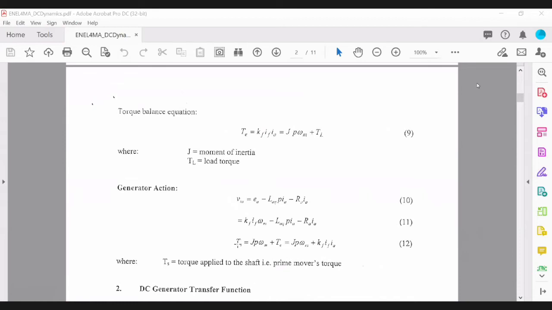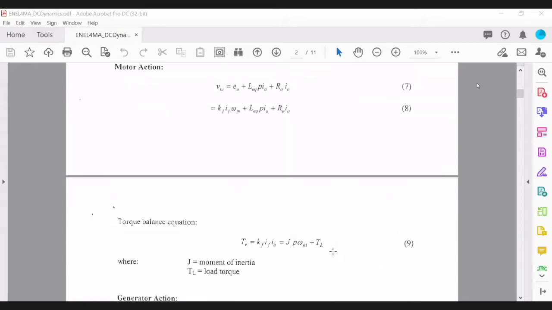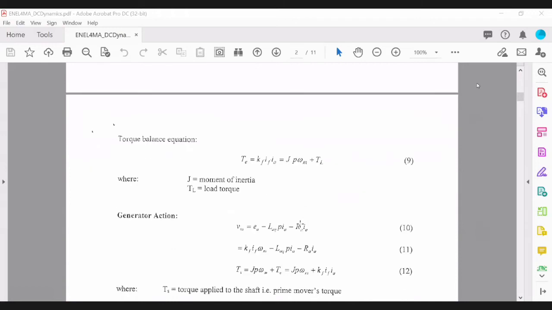So Tm is equal to J d omega by dt plus Te, where Te is your electrical torque, and you can write it as Kf ia.